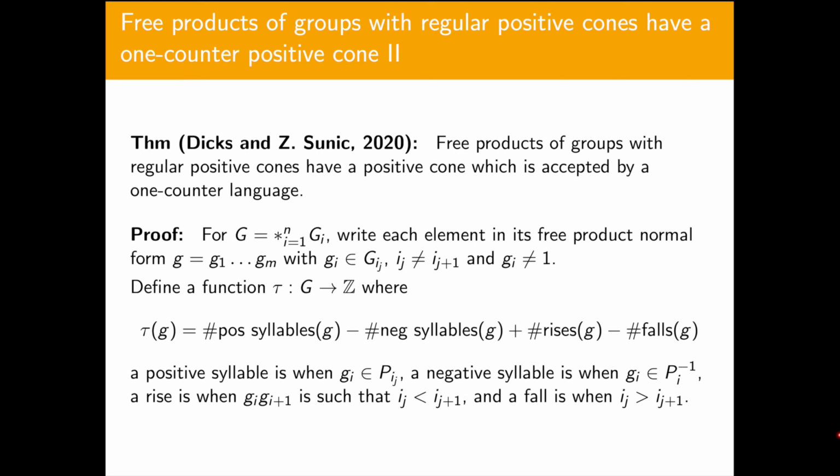A positive syllable here is when the g_i is in the positive cone of its corresponding factor, and a negative syllable is when it's in the negative cone. A rise is when two consecutive factors are such that the index of the group factor of the first one is smaller than the index of the group factor of the second one, and a fall is when the index of the first is larger than the index of the second.